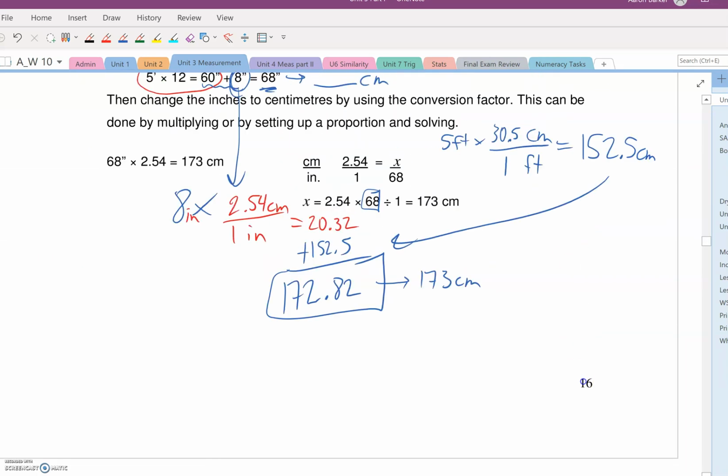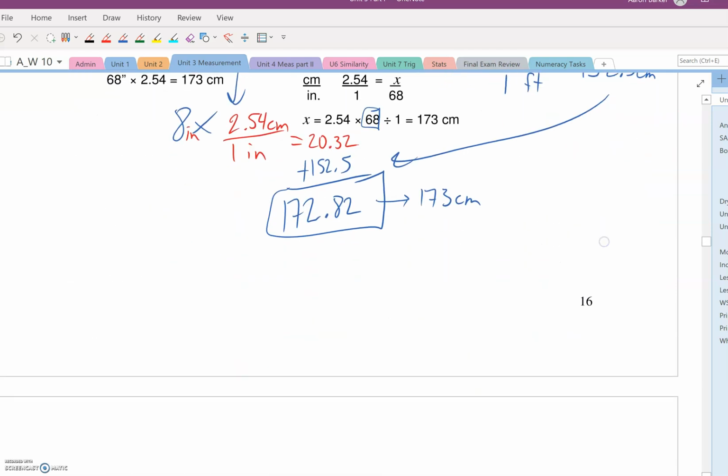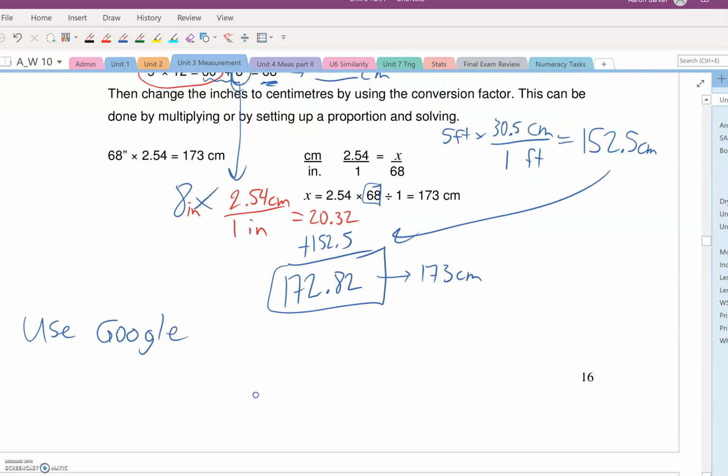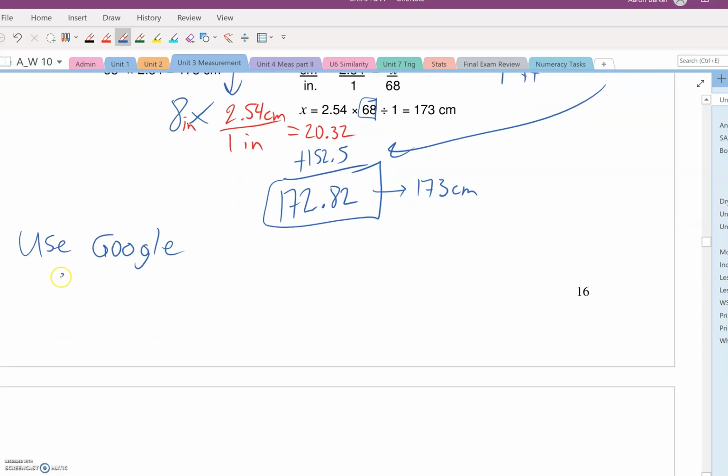Now, doing these ones, what I'd like you to do is type into Google. I want you to use Google, because on a real job, in a real workplace, that's probably exactly what you're going to do. So what you need to type in is convert. If we were going to do the second question, you could type in convert 5 feet to centimeters and then press enter, and you will get the answer.